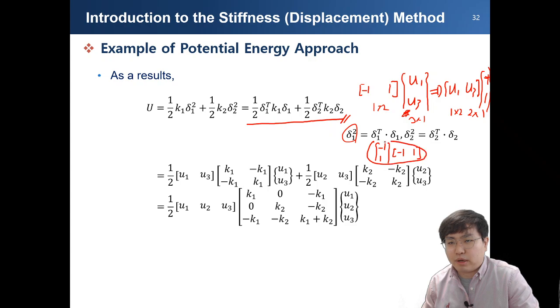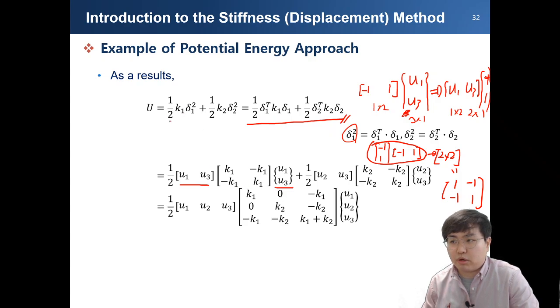When you multiply this part, it becomes a 2 by 2 matrix, so this part becomes 1 minus 1, minus 1 1. In front of this we have u1 minus u3, and behind this equation we have the u1 minus u3 vector, so inside is 1 minus 1, minus 1 and 1.